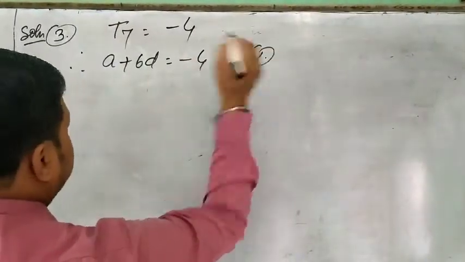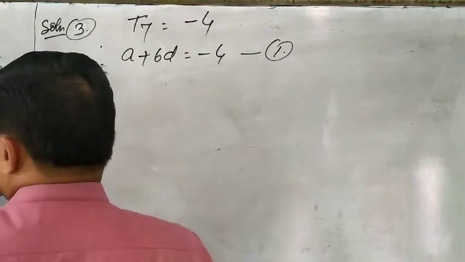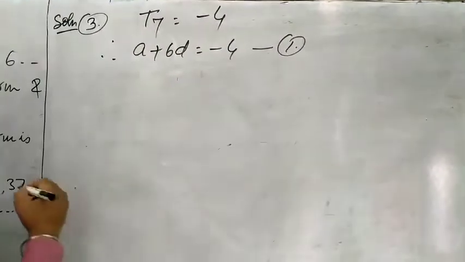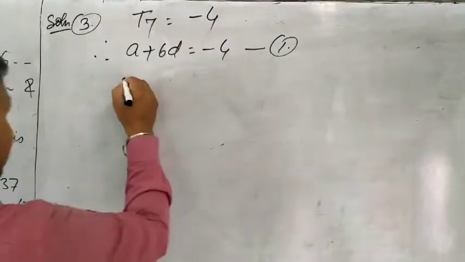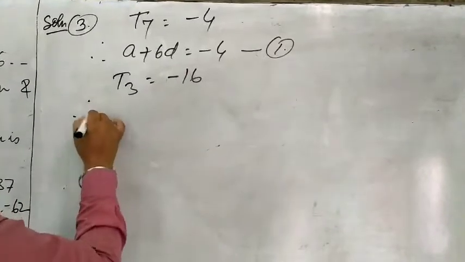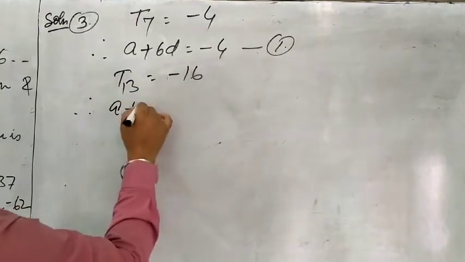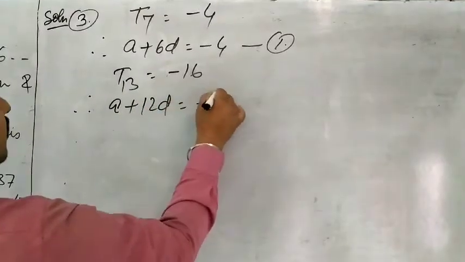That is your equation first. Second, its 13th term is minus 16, that means T13 equal to minus 16. So your result is A plus 12D equal to minus 16.